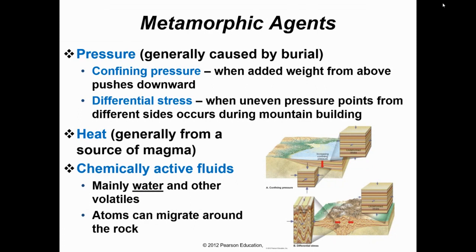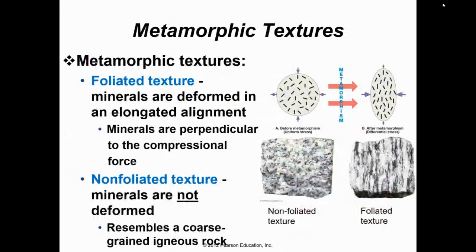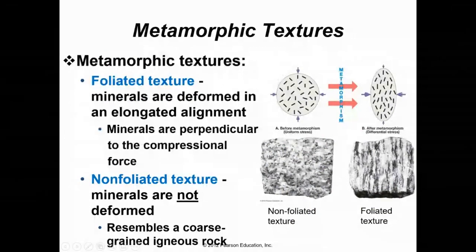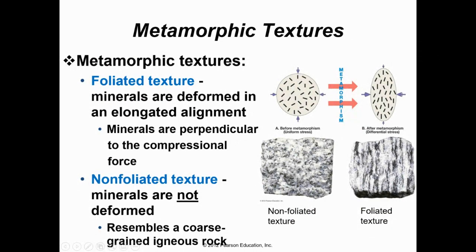Imagine that of those six sides, two sides are putting a lot of pressure on that box. So that box is going to deform from box-shaped to more of an egg-type shape because of that uneven pressure. So that's what differential stress is. And you're going to see it here when we talk about foliated textures.